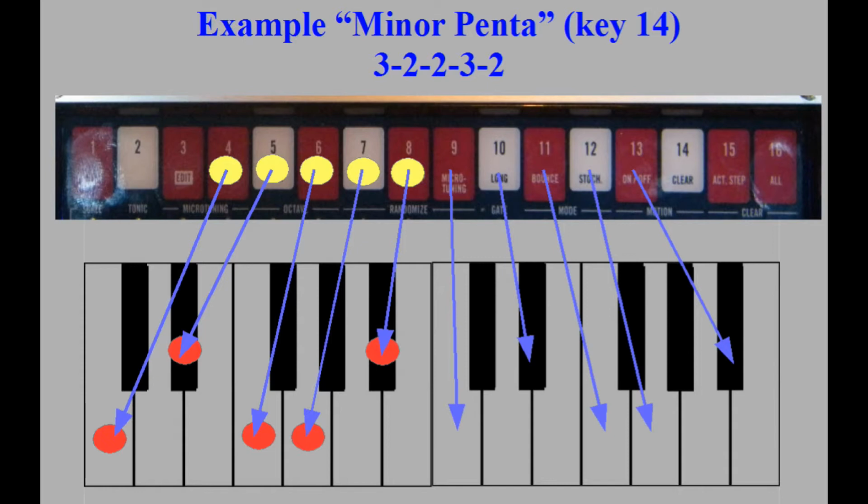Let me talk about the scale function. What this function does is exclude all notes which are not part of a certain scale from the keyboard. They simply vanish. Consecutive keys or steps on the keyboard are consecutive notes of the scale.